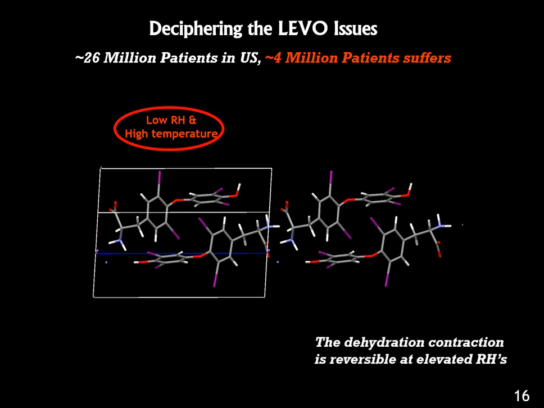So once you dehydrate it, you can rehydrate it by changing the conditions, and it'll expand back, and that's why the retention of the packing motif up to a point is important.